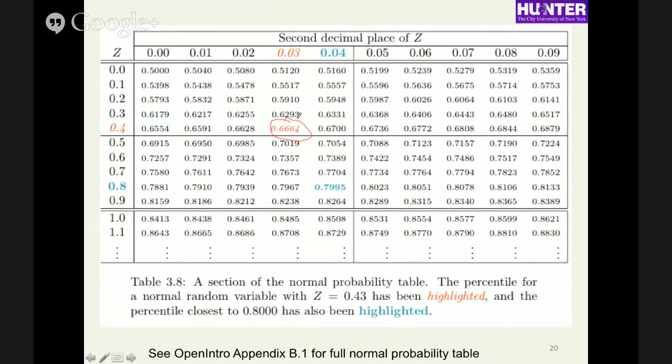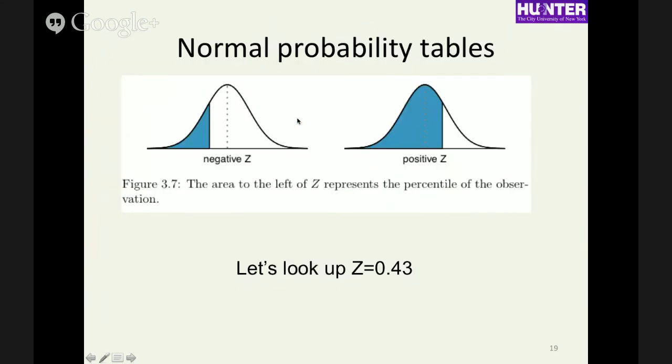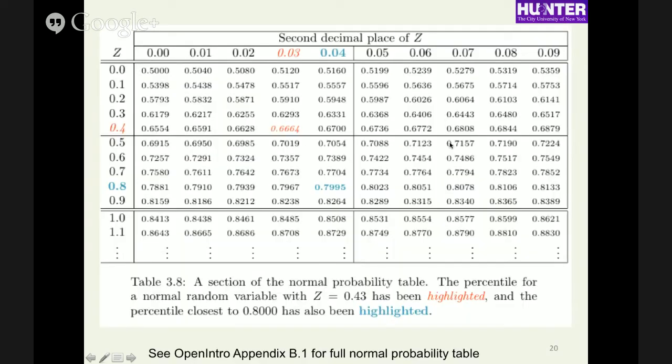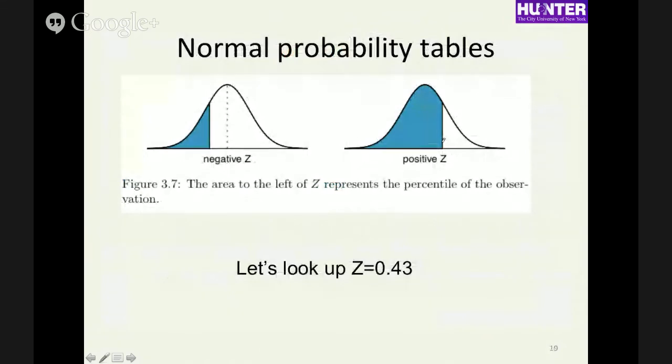Is that to the left of 0.43 or to the right of 0.43? To the right, you think? So let's say this is 0.43 here, and we're getting a value of 0.66, something over half. Remember that the probability to the left of 0 is a half and to the right of 0 is a half because it's symmetric.